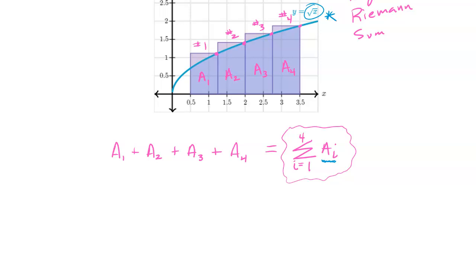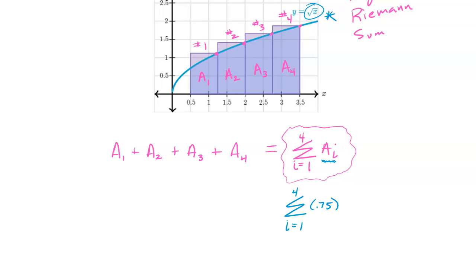So if we want to use a summation formula, we actually have to have formulas written in there. So I'm going to kind of base it off what you said. You said multiply the width, which was 0.75, and multiply times the height.